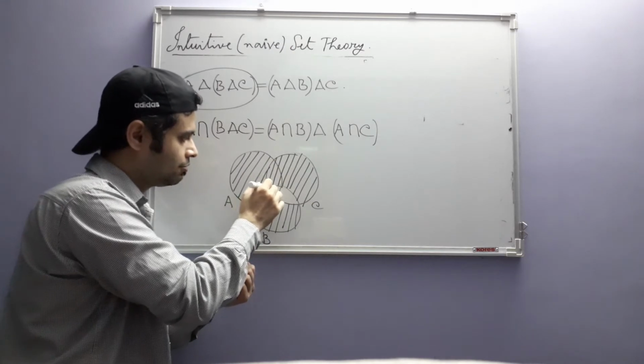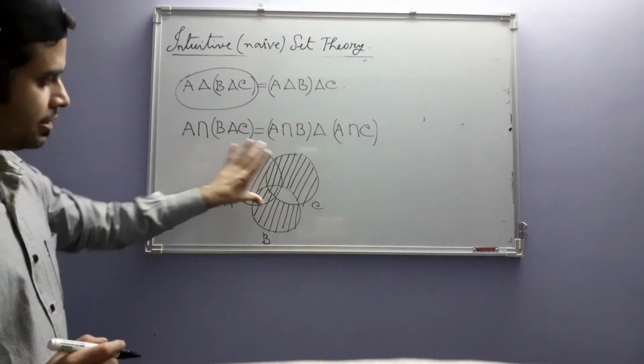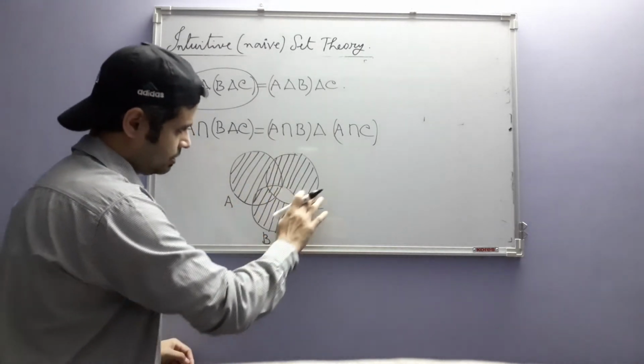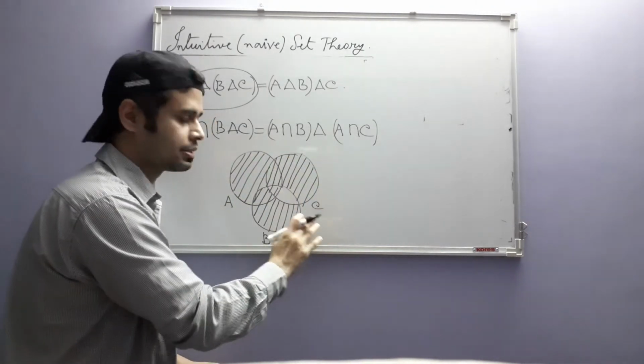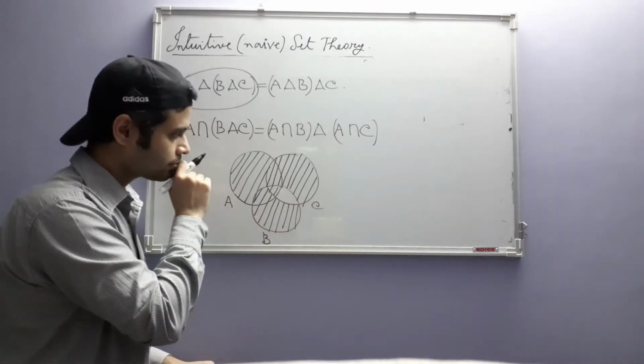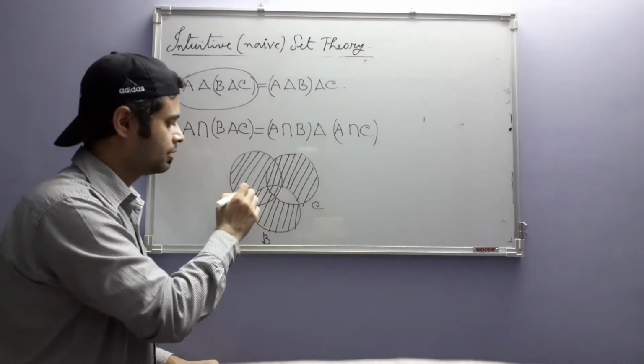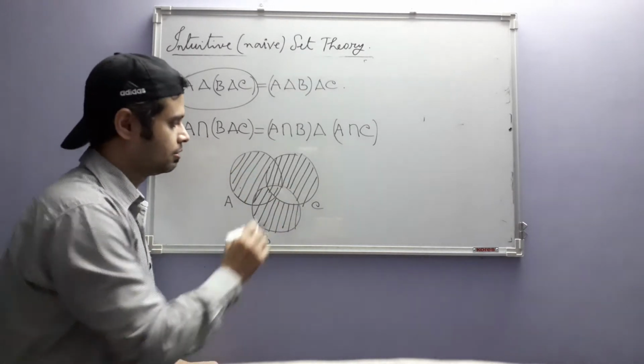The entirety of A will be there. Okay, so that is A, and this is B delta C, excluding the common part. Now, what is the common part between A and B delta C?